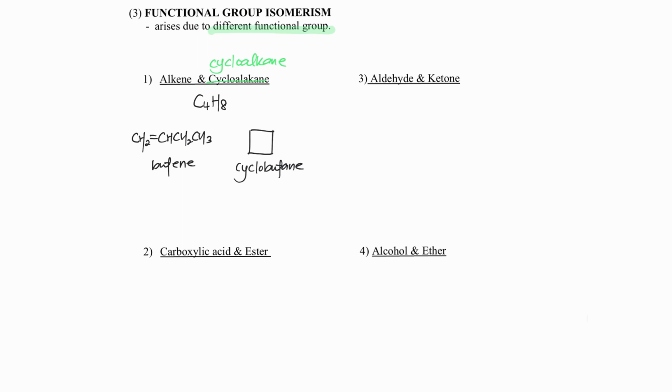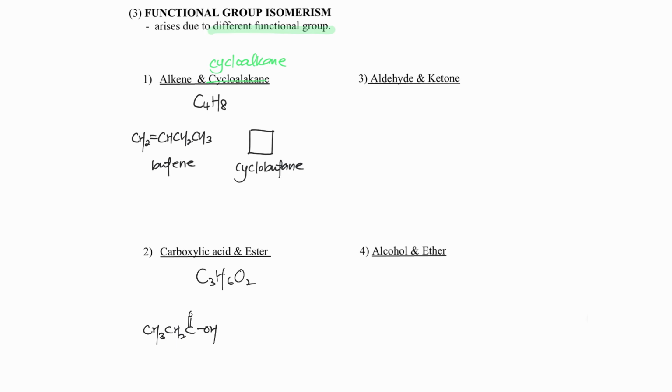So next to go, we will have the second pair. So in total, we actually have 4 pairs of functional group isomers that we got to know. So the next to go, we will have carboxylic acid and ester. So let's make an example of carboxylic acid with 3 carbons. So with this structure, we will have C3H6O2 as the molecular formula.